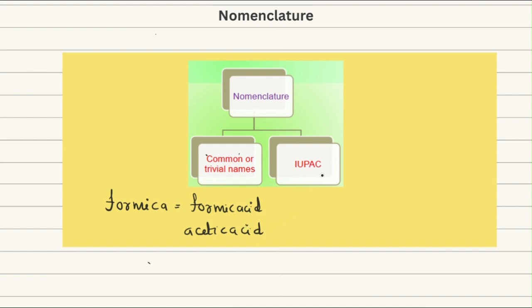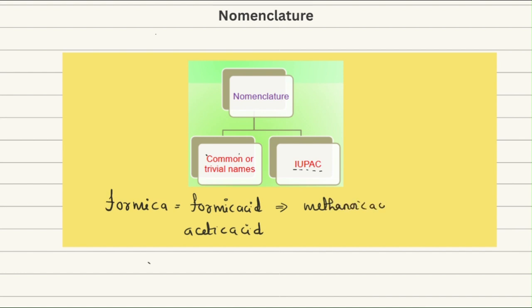Now, what is IUPAC? IUPAC stands for International Union of Pure and Applied Chemistry. This is a union which decides the rules to name organic molecules so that there is uniformity when we name them. For example, formic acid is named as methanoic acid.